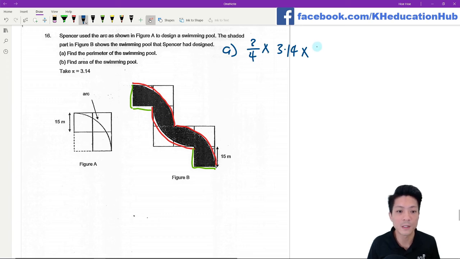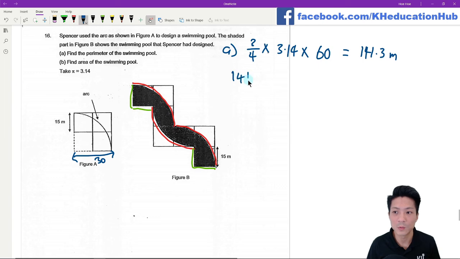Okay, the radius of the circle is, since this is 15, that means here to here is 30, which means that the diameter is 60. Okay, times 60, this is going to give me 141.3 centimeter.